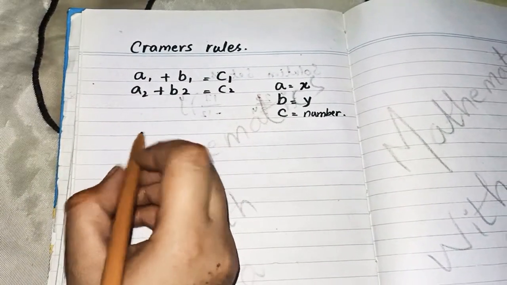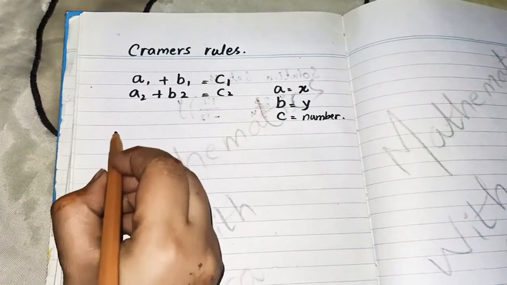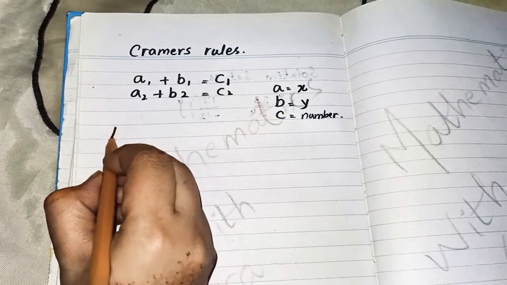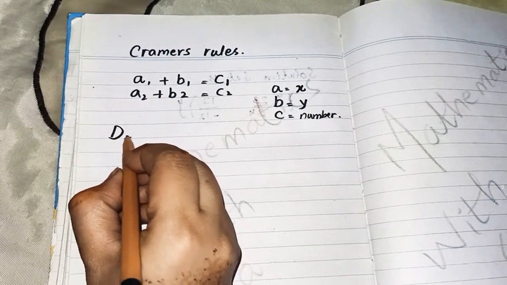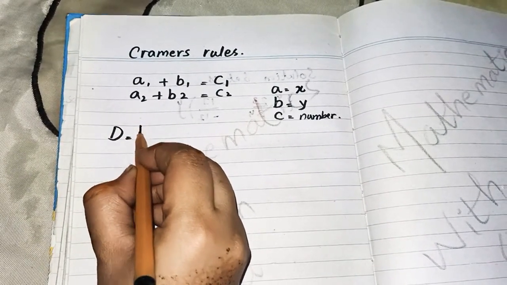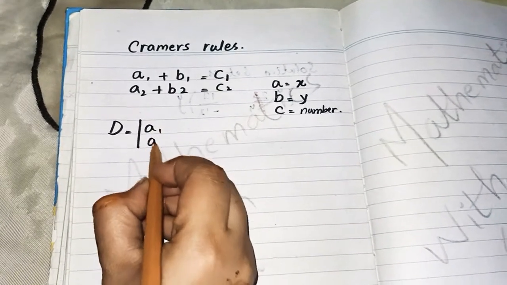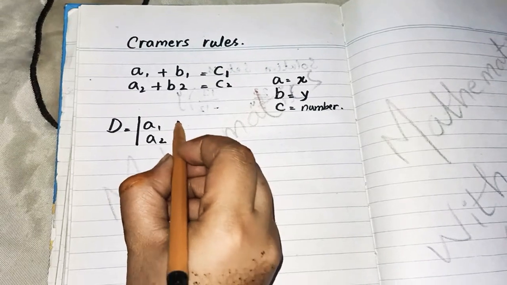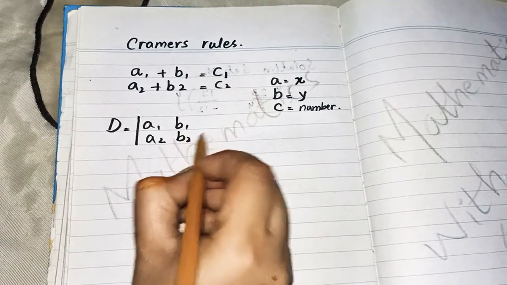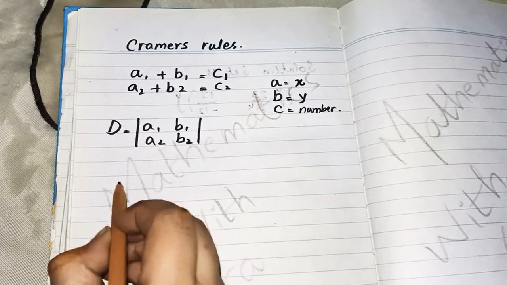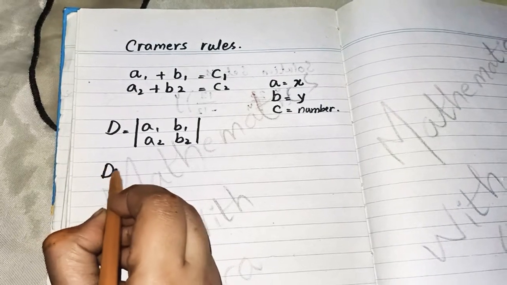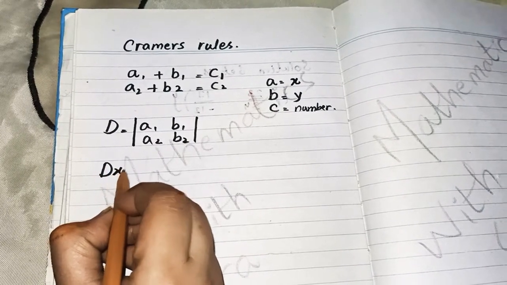To find out the Cramer's rule, we have 3 steps. Number 1, first we have to find out D. To find out D, we have to write the formula: D is equals to A1, A2 and B1, B2. Step 2 is we have to find out dx.